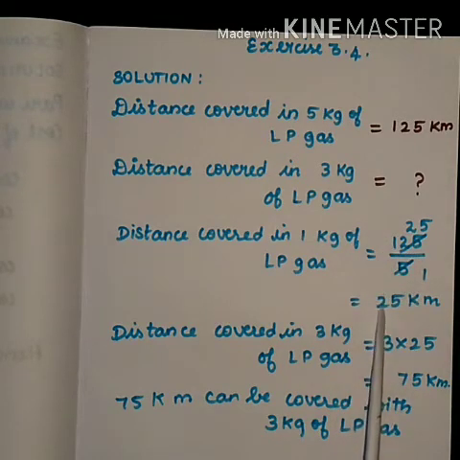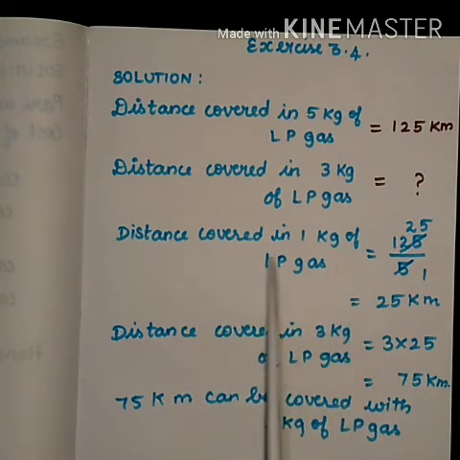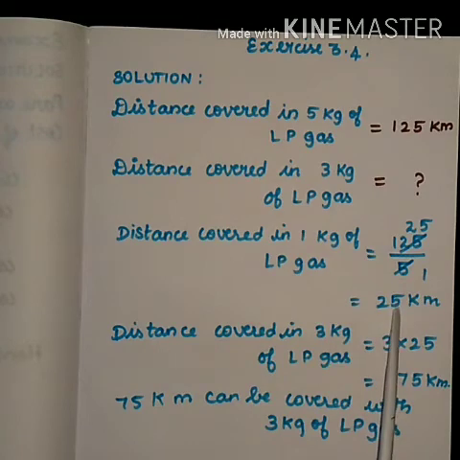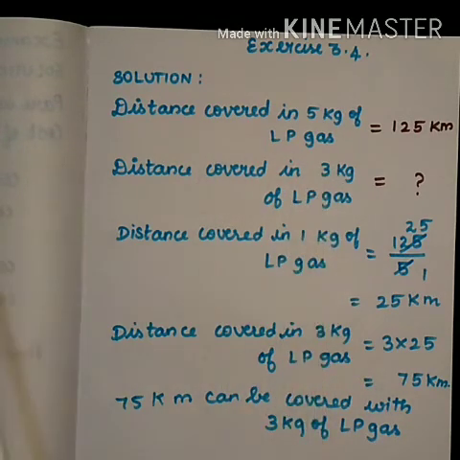You will get the answer as 25 km. So the distance covered in 1 kg of LP gas is 25 km. Then you have to find the distance covered in 3 kg of LP gas. So 3 into 25 is 75 km. Therefore 75 km can be covered with 3 kg of LP gas.